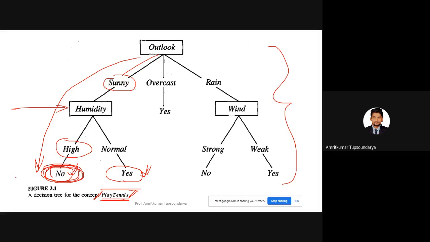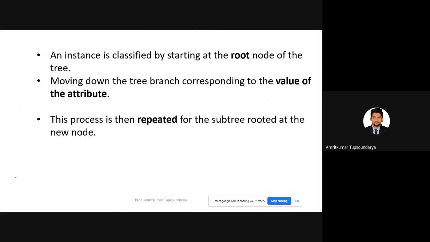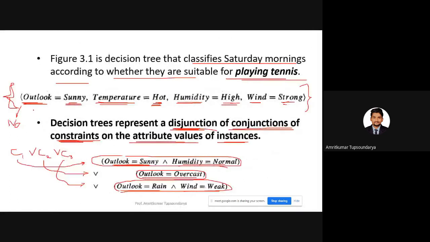So under those constraints, when Outlook is Sunny, Temperature is Hot, Humidity is High and Wind is Strong, the classification is No, that we shouldn't enjoy tennis.